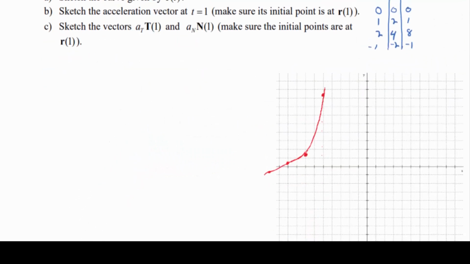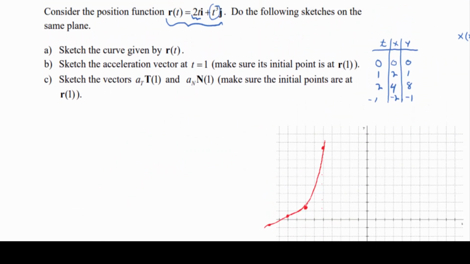Okay, and you guys tell me, how do I find the acceleration vector? So you have to find the velocity vector first, right? And that's r prime. So what's r prime? I'm going to do component form. So what would r prime or v be? 2, 3t squared.